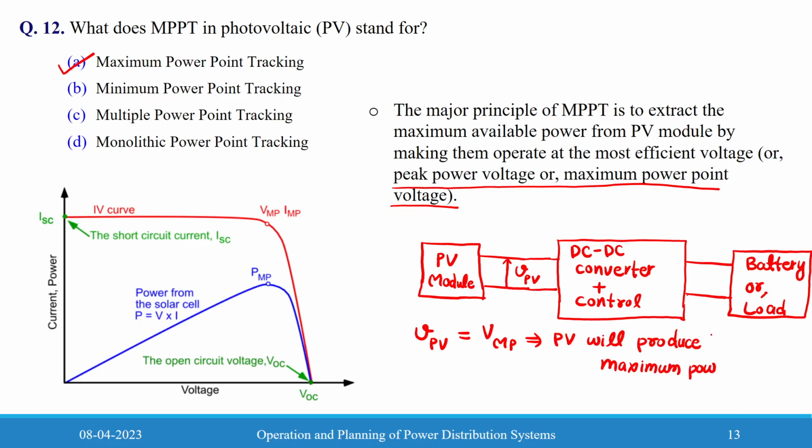There are many algorithms to implement maximum power point tracking, like the perturb and observe method and the incremental conductance method. Either way, we can extract the maximum power from the PV module. Otherwise, if you maintain VPV at a value other than VMP, you get less power from the PV module. So this is about maximum power point tracking.